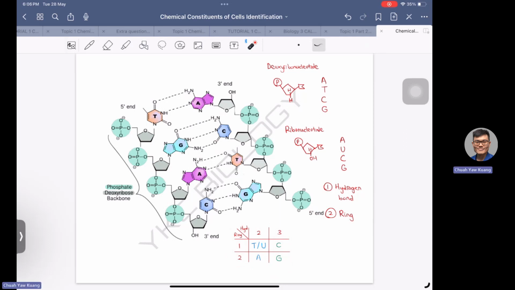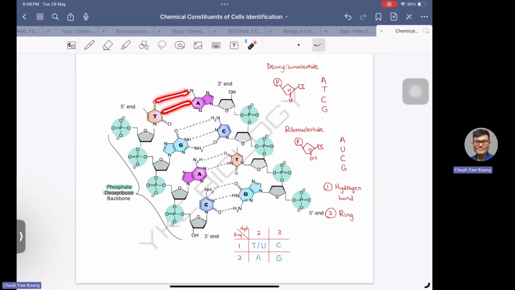Some students might be confused. How are we going to differentiate uracil and thymine? Both are one ring structure.